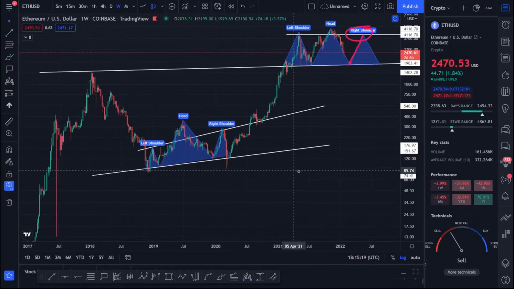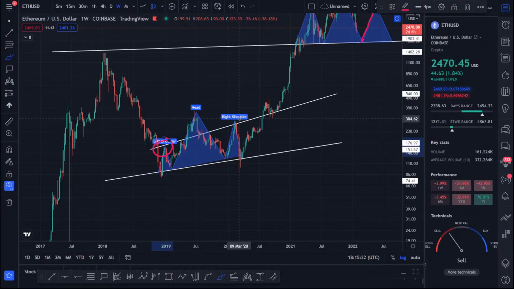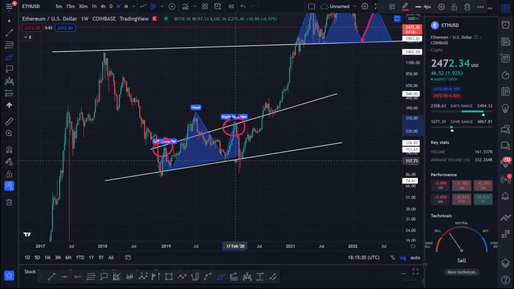You can clearly see as soon as we broke the left shoulder, the right shoulder came down and then it came back up and broke it.